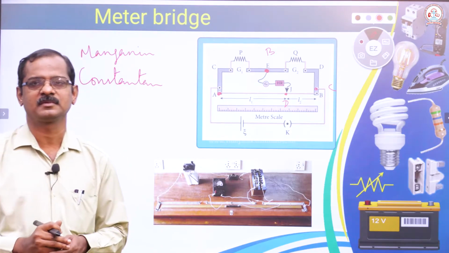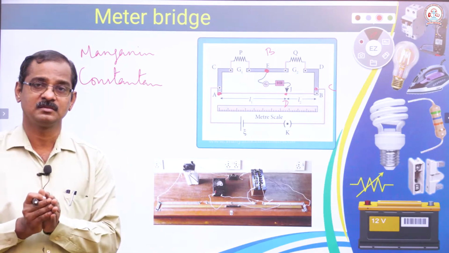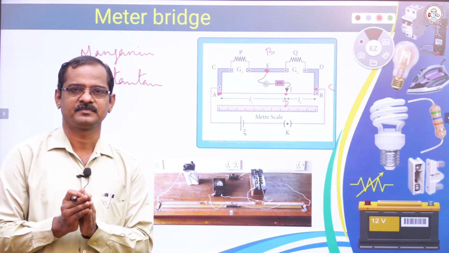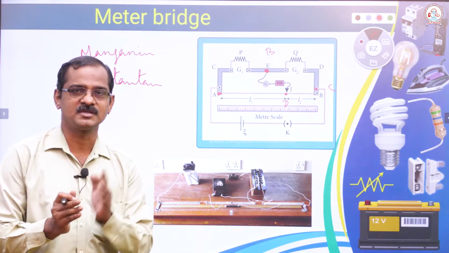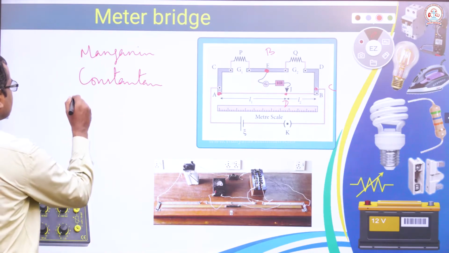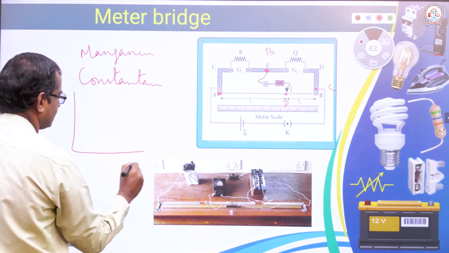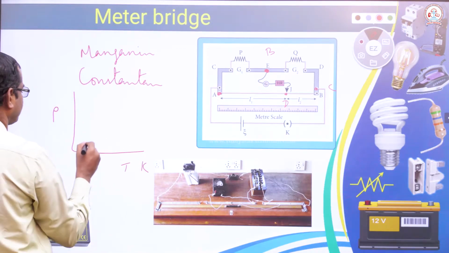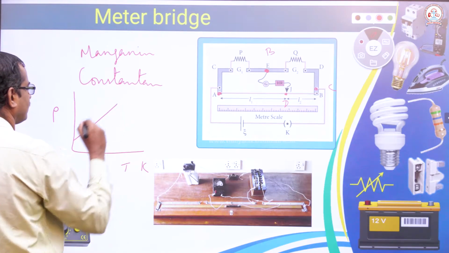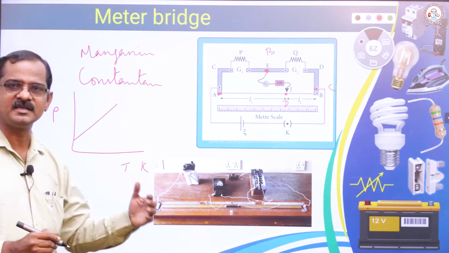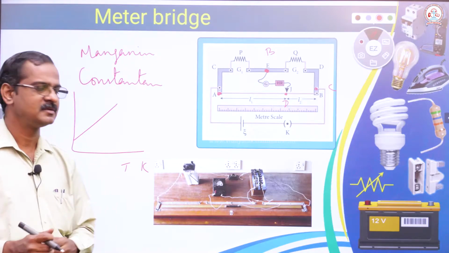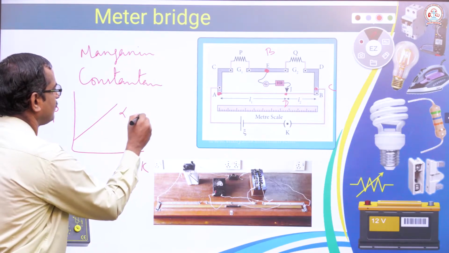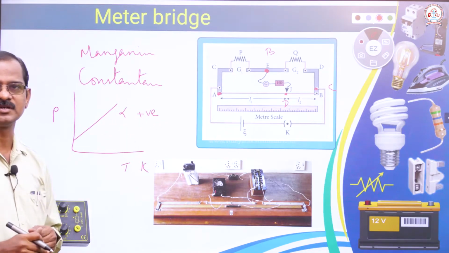Mostly we use manganin, because they have a low temperature coefficient, so the alpha value is very small. You just recall the graph between temperature in Kelvin and resistivity. For copper, resistance increases with an increase in temperature. It means that conductors have a positive temperature coefficient of resistance, alpha.